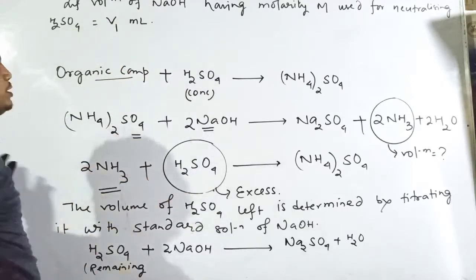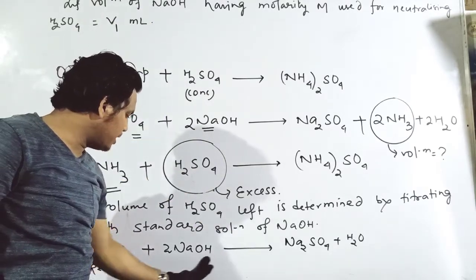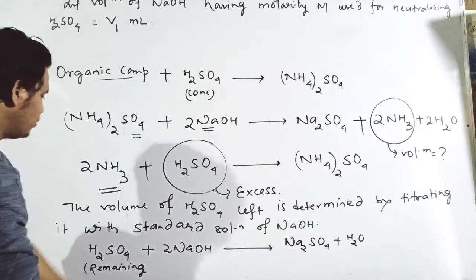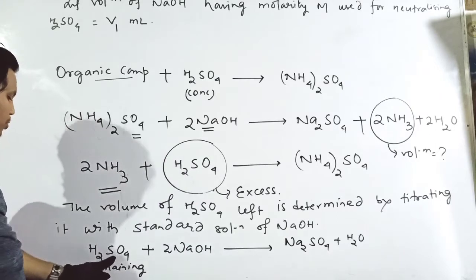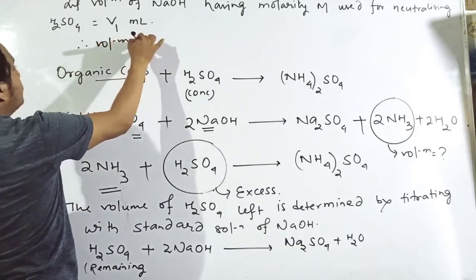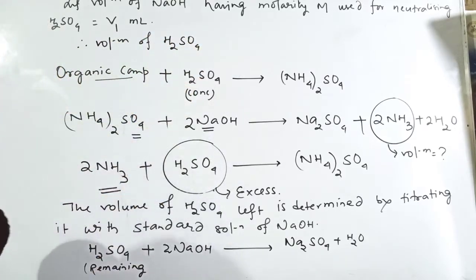Suppose we have considered V1. So if the volume of NaOH for neutralizing sulfuric acid is V1, then what will be the volume of H2SO4?